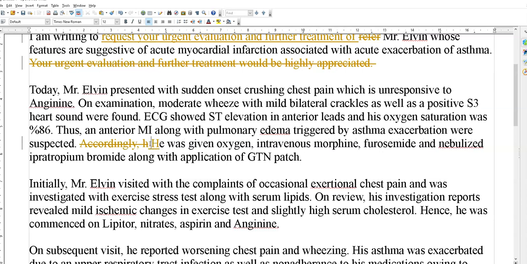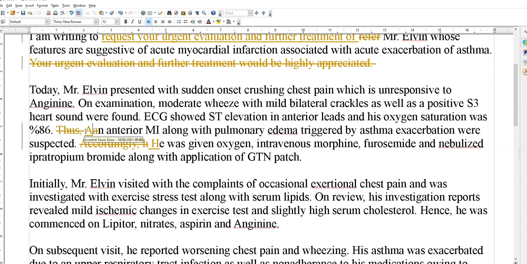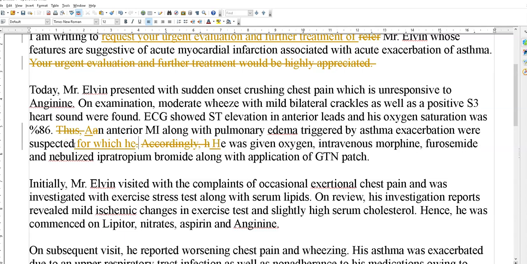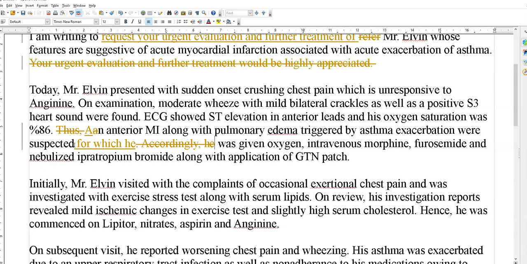You don't need them. An anterior infarction was suspected, for which he was given oxygen, blah blah blah. You could even join these with a relative pronoun, for which he was given oxygen, blah blah blah. You could do it like that.